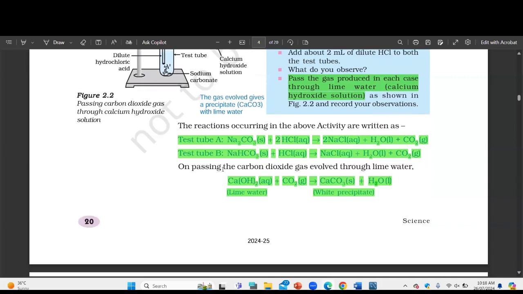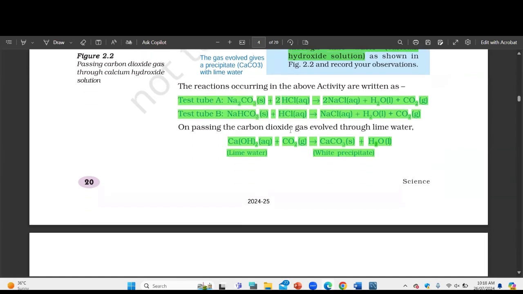The reactions occurring in the activity can be written as this for test tube A and this for test tube B. So this is the reason why when we pass the carbon dioxide gas evolved through lime water, we receive calcium carbonate, which is noted as a white precipitate.